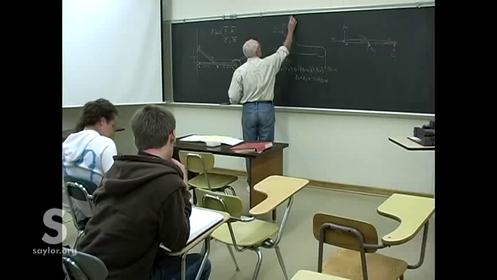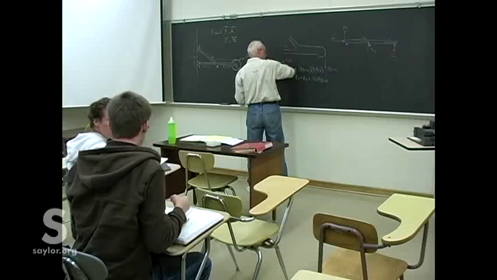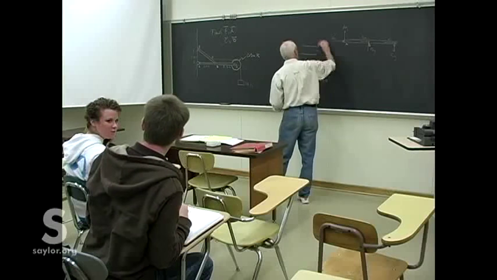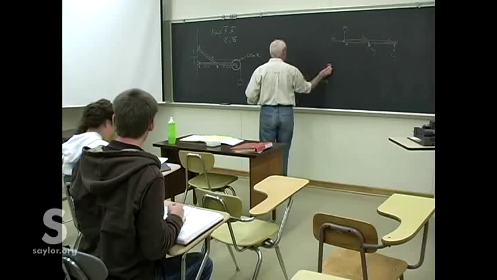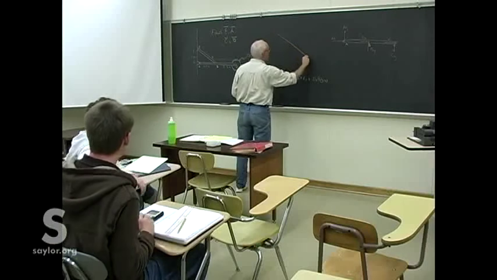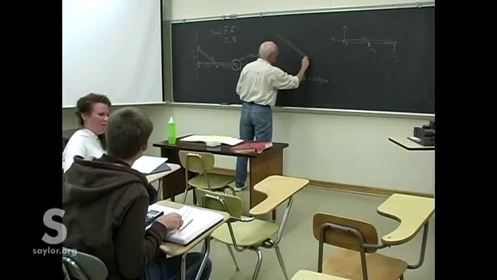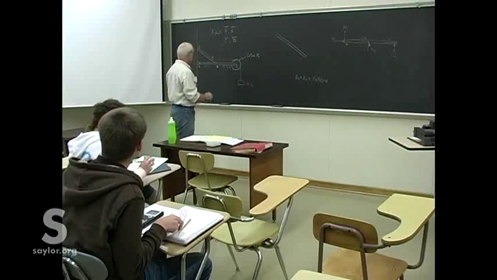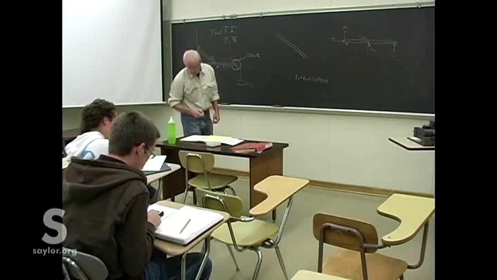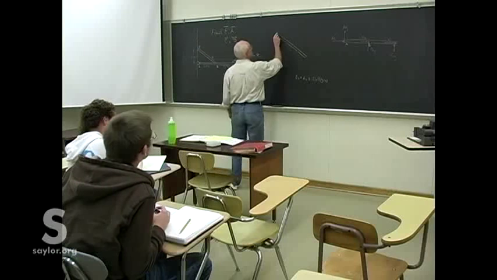All right, I'm going to erase this one because we've done it. I'll leave that little part up there just to help us, because we are going to do a member now. So we've got EDB. Which way did I have the forces?